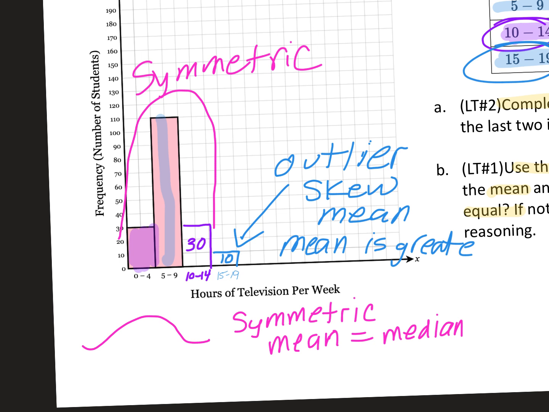So again, this part right here is symmetric. If it were symmetric, then yes, our mean would equal our median. However, this part right here skews it so that the mean is bigger.